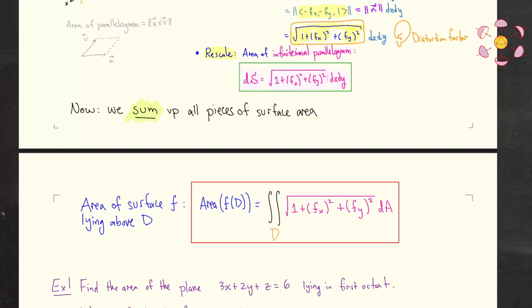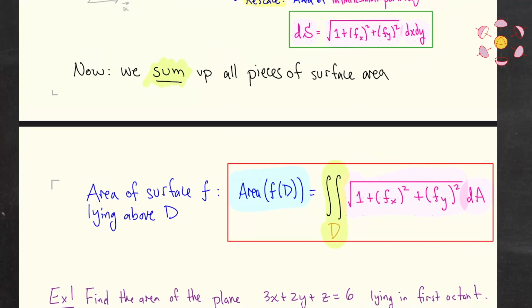All we do is throw it through the machinery of calculus. So we now integrate over D. We've got our flat dA and we've got our distortion factor right here. And of course, this is the area of, so this notation, let me explain this piece real quick.